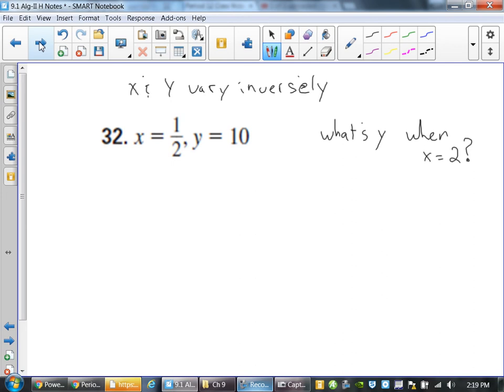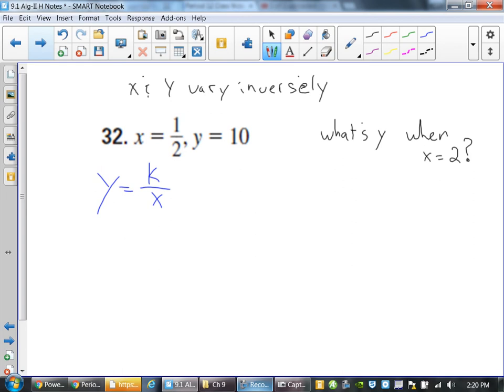So x and y vary inversely. When x is 1/2, y is 10. What's y when x is 2? So if they vary inversely, that means we have y equals k over x. So the first thing you've got to figure out is the value of k.